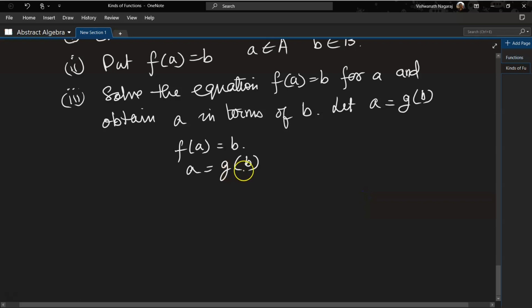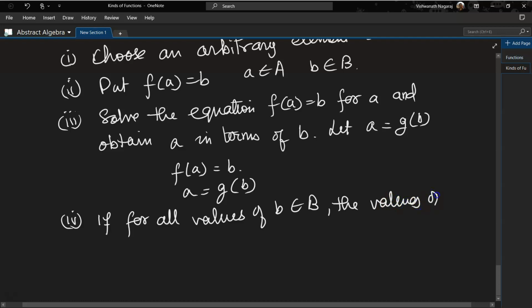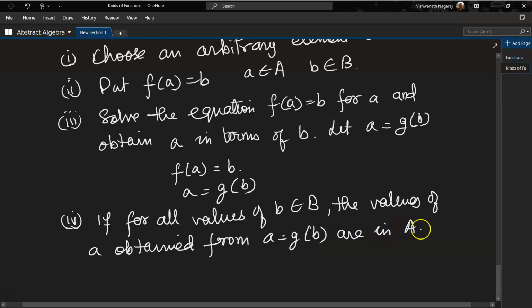So we say G of B. So now once we are done with that, if for all values of B belonging to capital B, set B, the values of A obtained from A is equal to G of B are in A, then f is onto.